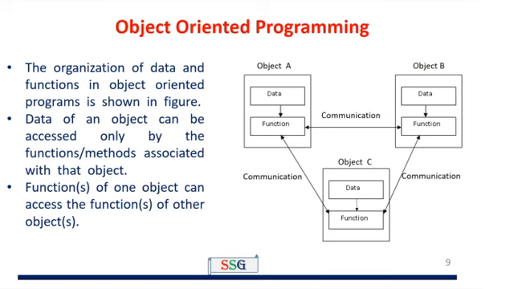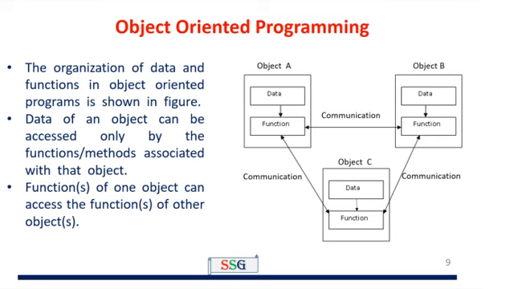So object A is one person, object B is another person, object C is another person. Object A has its own attributes, object B has its own data, object C also has its own data. That means data of object A is accessed only by the function of that object. Data of object B is accessed by the function of that object only. Data of object C is accessed by the function of that object only.